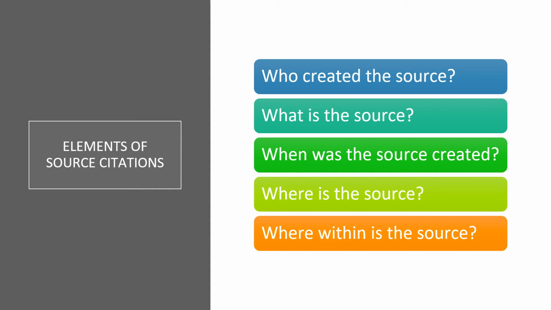And then the where within for DNA would be details about the match. Maybe we want to indicate that the match was predicting a 5th to 8th cousin match with a certain user at moderate confidence, and we could give kit numbers, we could give specific chromosomes that we're being matched on. This is where we can give some details about the match.